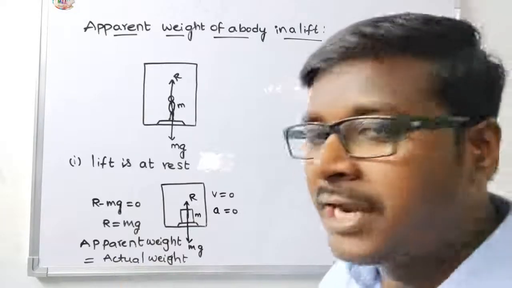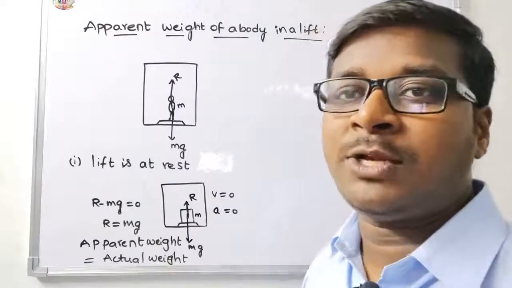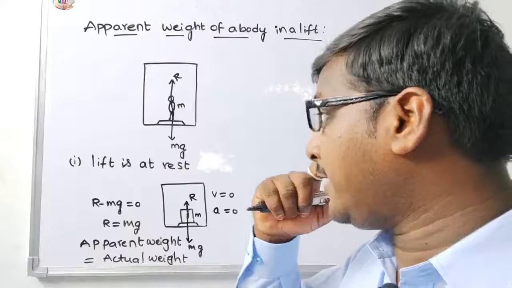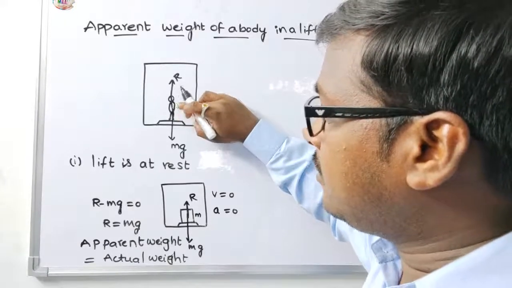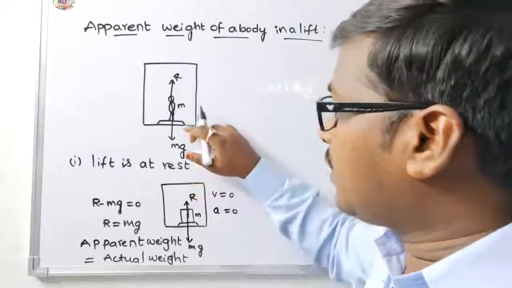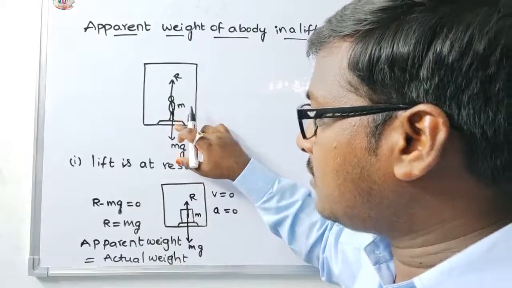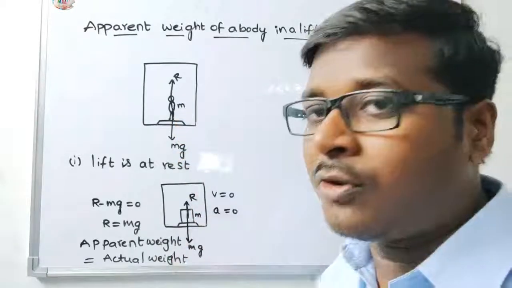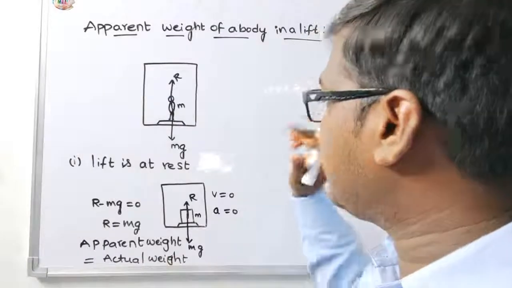Apparent weight is equal to actual weight. The apparent weight is the reaction force exerted on the person by the surface of contact. This is the first condition.